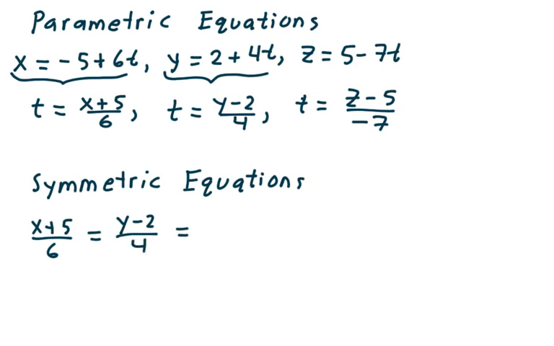And then I set that equal to (z minus 5) over negative 7. So this is three different ways that we can express the equation of a line. With that, let's take a look at number 7.